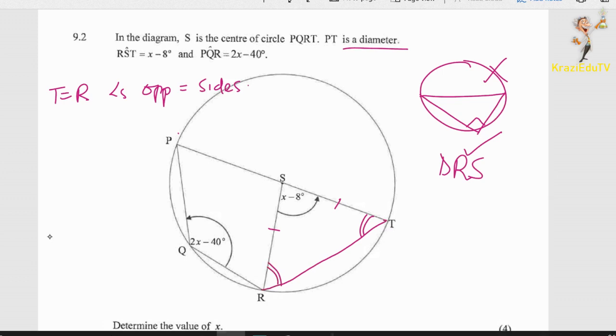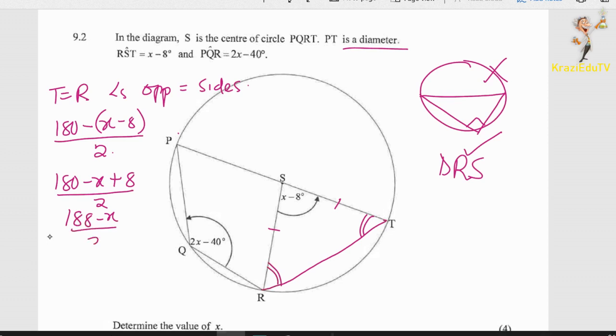Then I have 180 minus (x minus 8), remember you have to put that in brackets, divided by 2. We can break this down to 180 minus x plus 8, divided by 2. What is 180 plus 8? That gives us (188 minus x) divided by 2. This is angle T. We divided by 2 because these angles are equal.